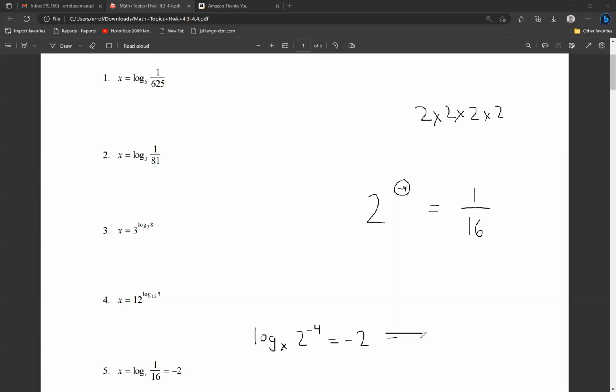So that's the same thing as 2 to the -4 is the answer, and then the left side is x to the -2.